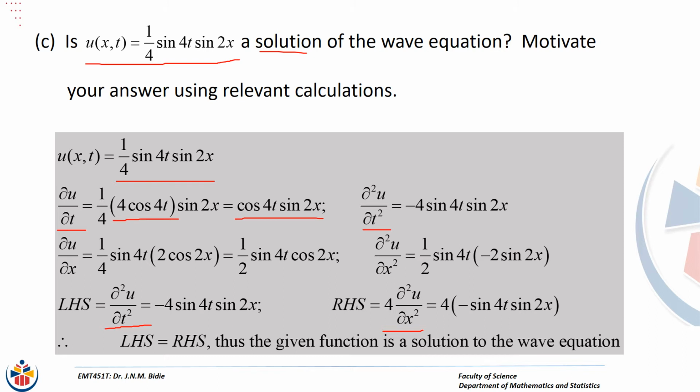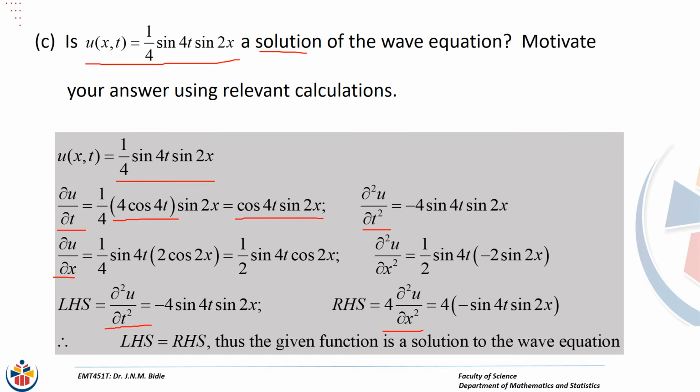Hence, we say that the answer is negative 4 sine 4t sine 2x. Then we go to the derivative of u with respect to x. Now, because we are using x variable for our differentiation, that means t is held constant.